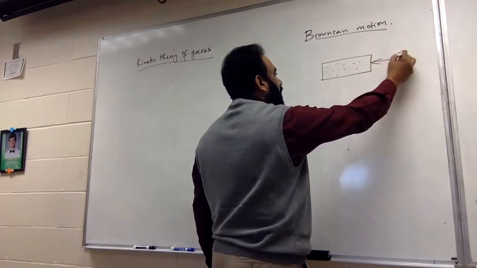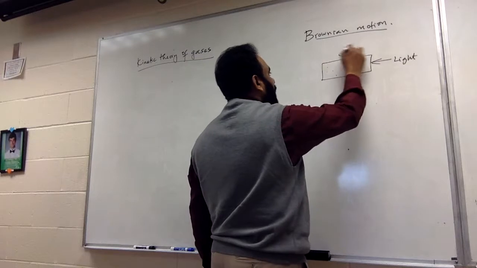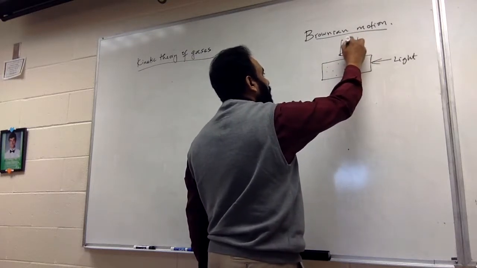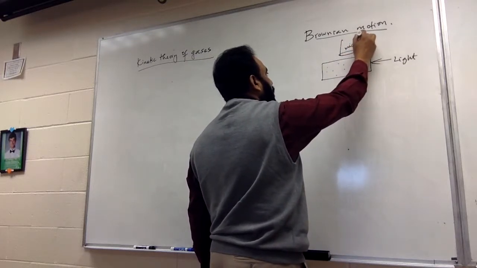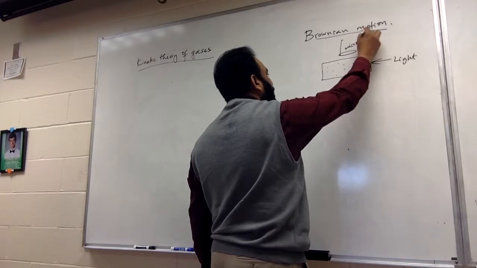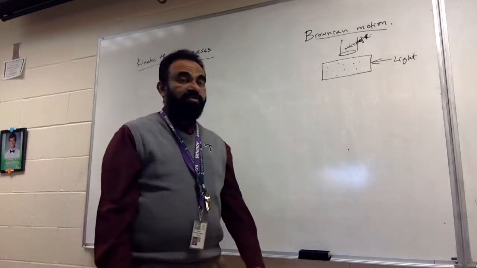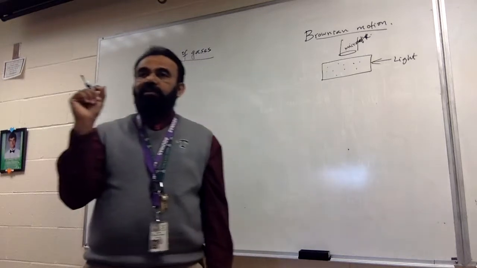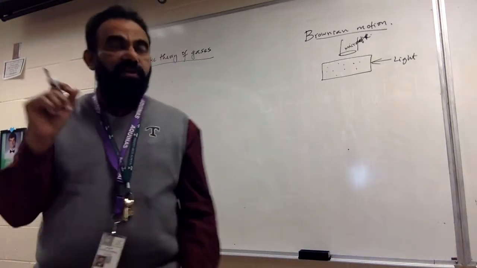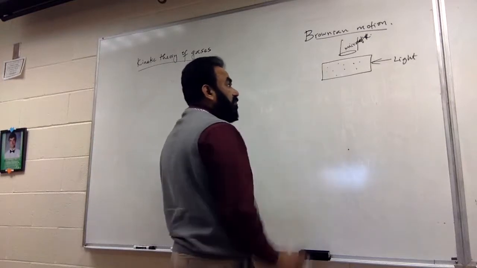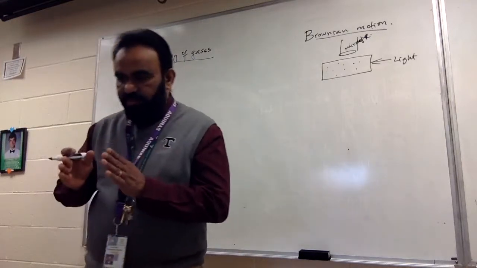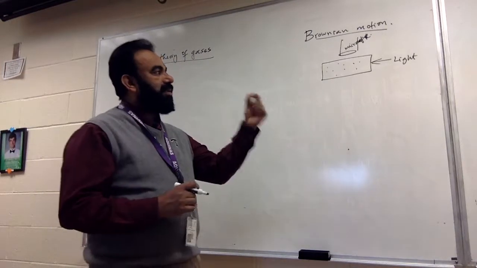And then put light from this side and use a microscope and look from above, and you'll see the smoke particles. They are actually smoke particles. And the smoke particles will be seen to be moving, and they'll be seen as specks of light because of the light there.